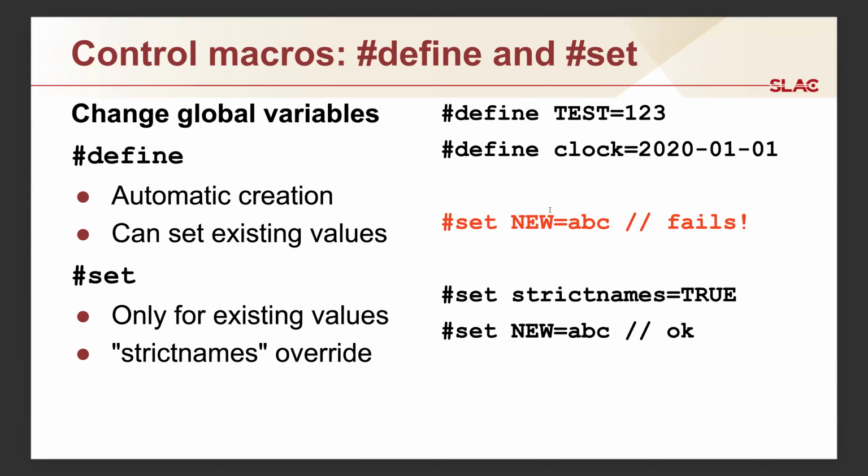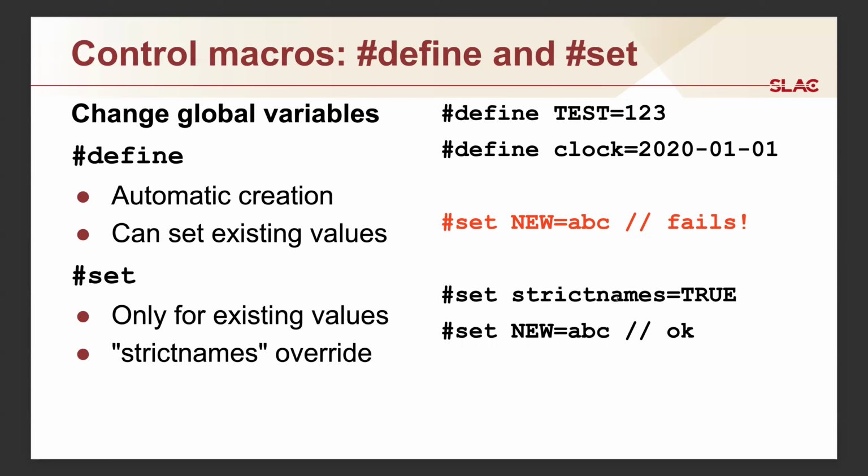One thing that's important is that define will automatically create a value. The set macro will not. The set macro will respect the existence only of a value. You can suppress that behavior by using strict names. I'm sorry, this should say false. That's a typo.